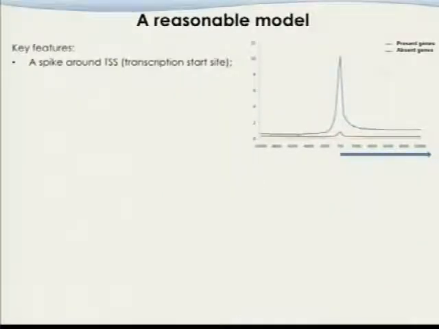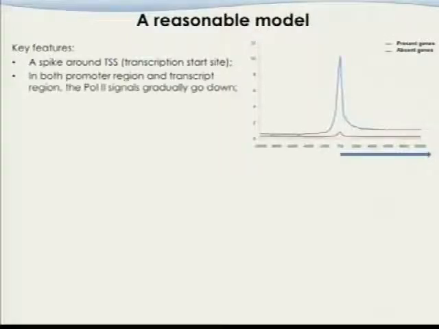So let's go back to this initial pattern and look at it a little bit further. What are the key features? The first one is we will see a spike around the transcription starting site in this region, which is not surprising. And in both the promoter region, which is upstream, and the downstream gene transcript region, we see the signals gradually go down.